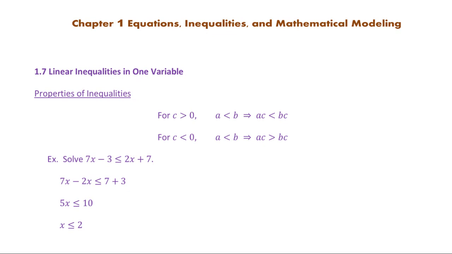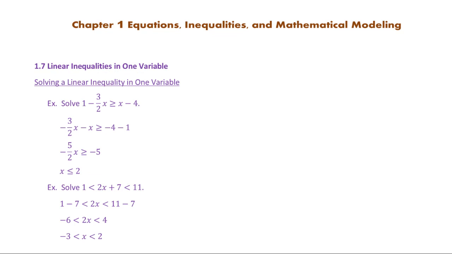You move the terms to the other side, you change the signs. Then that becomes 5x less than or equal to 10. Then you divide by 5 on both sides, and you get x less than or equal to 2. Because 5 is positive, when you divide by 5 you don't change the direction of the inequality. So x less than or equal to 2 is the solution. All right.